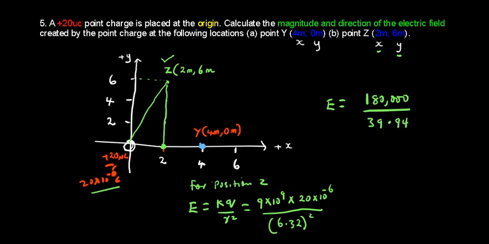So our E, the electric field at point Z, will be equal to 4506.8 Newton per coulomb.